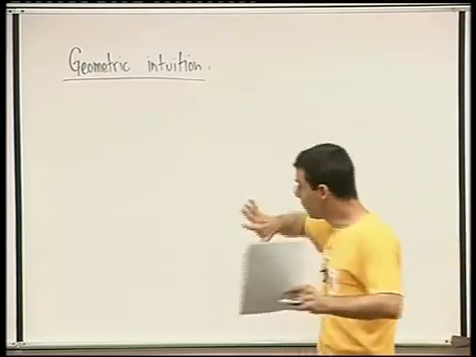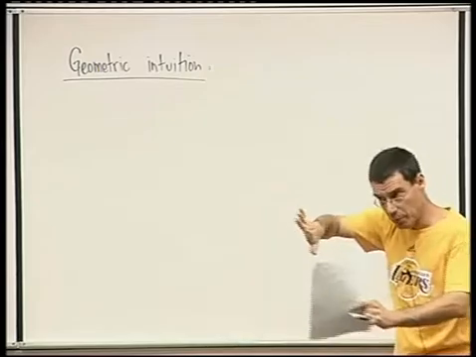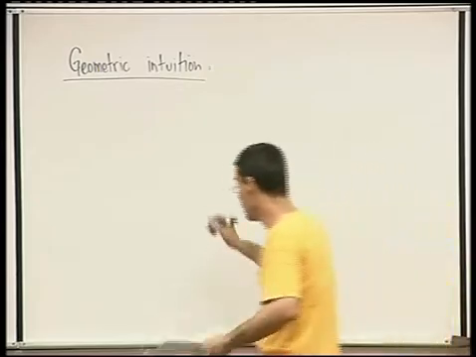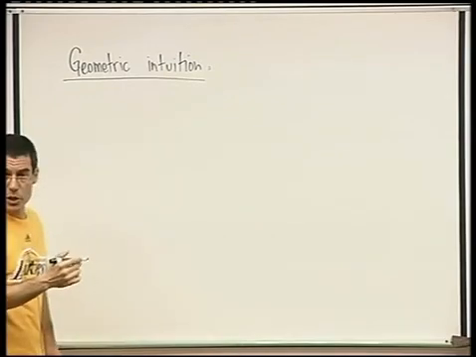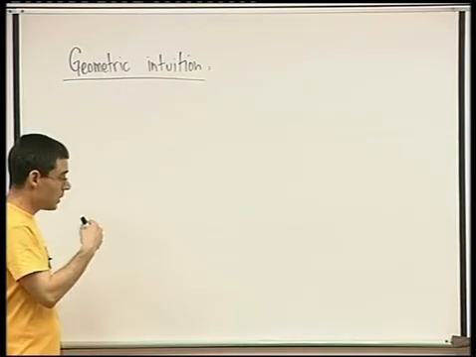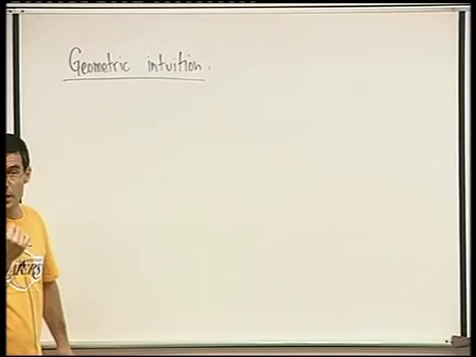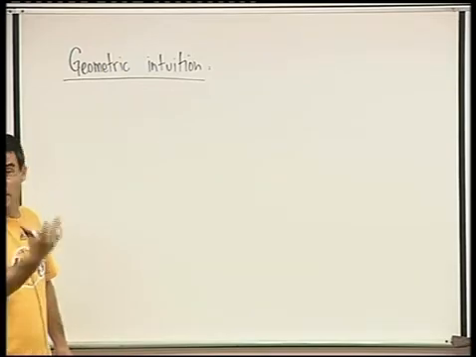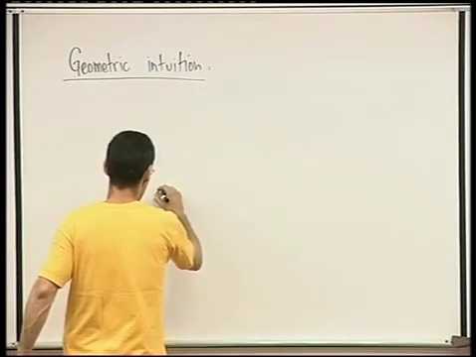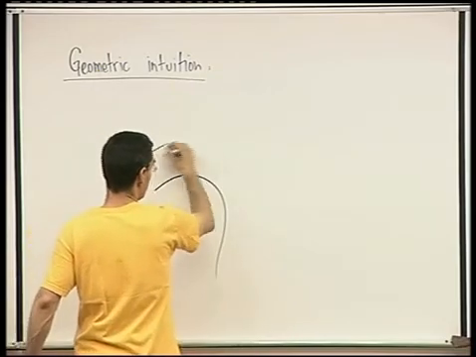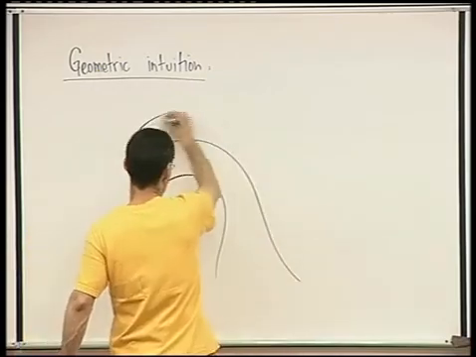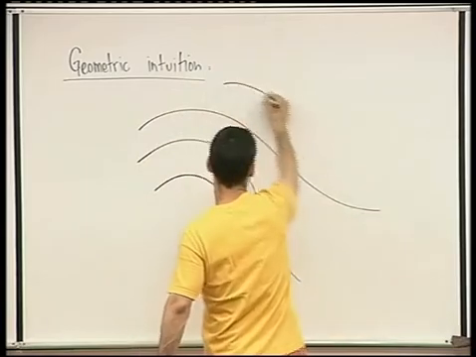So here's a bird's eye view of a topographic map. Here are the level curves which represent the topography or the elevation. Suppose the elevation looks something like this. Here's one level curve, here's another, and here's another, and here's another.